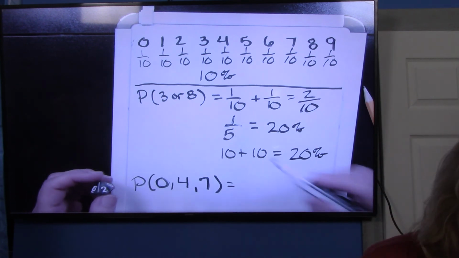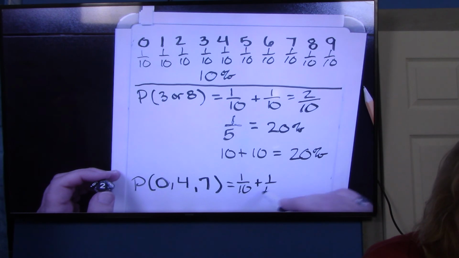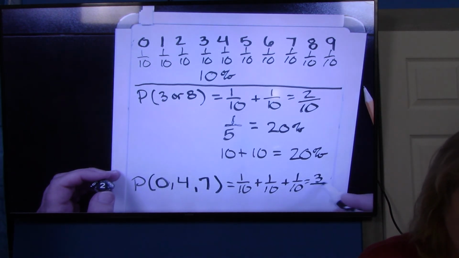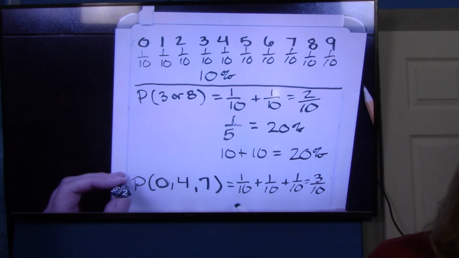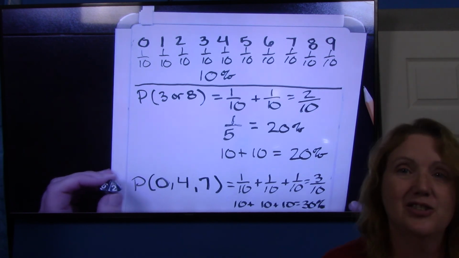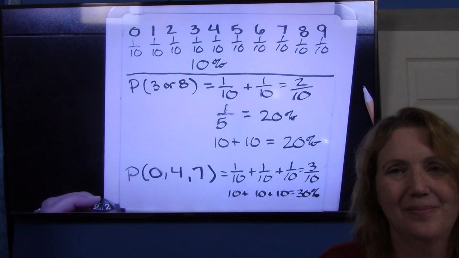Okay, so we know we have 1/10 plus 1/10 plus 1/10. That would be 3/10. 3/10 doesn't reduce. And 10% plus 10% plus 10% would be 30% if I put it as a percentage. So hopefully you got that correct.